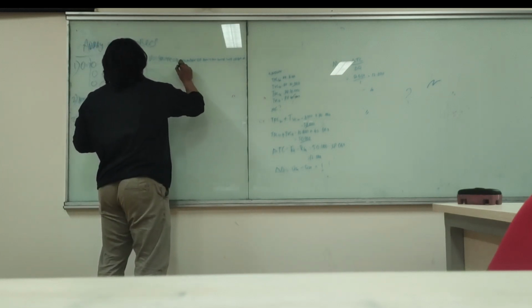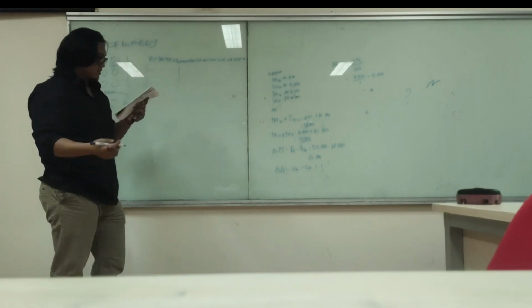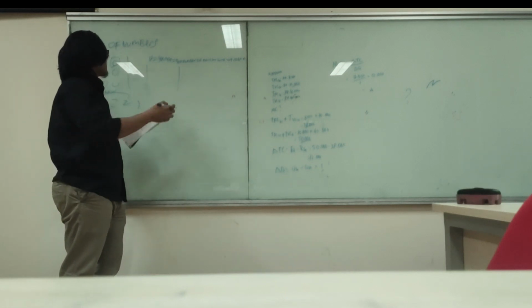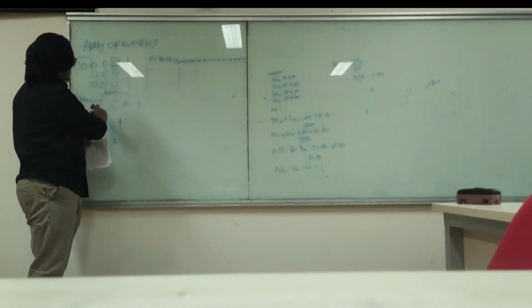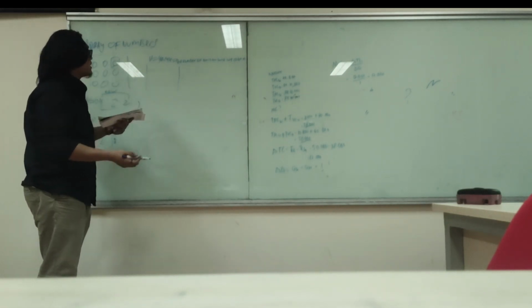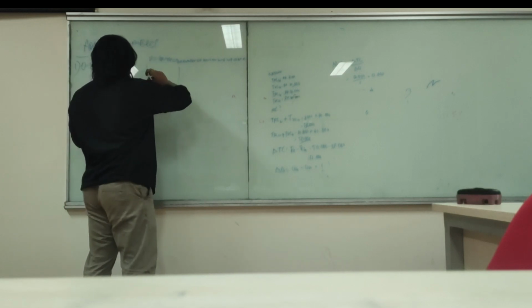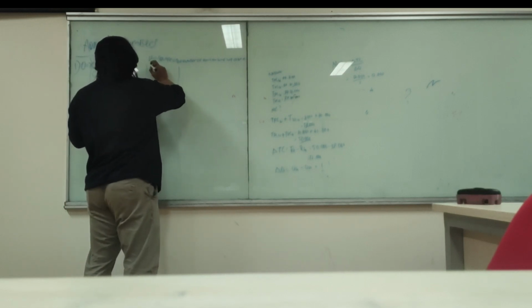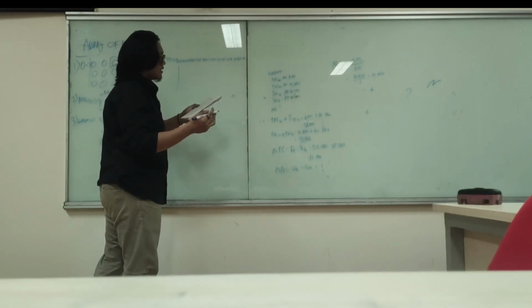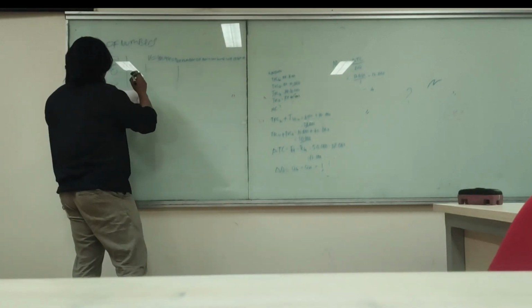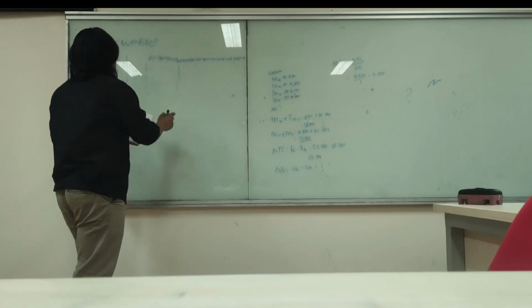We have elements inside it, like this 0, 0, 0, and this 1, 2, 2, 2, etc. So the rows and the columns are equal, having the same number of elements.